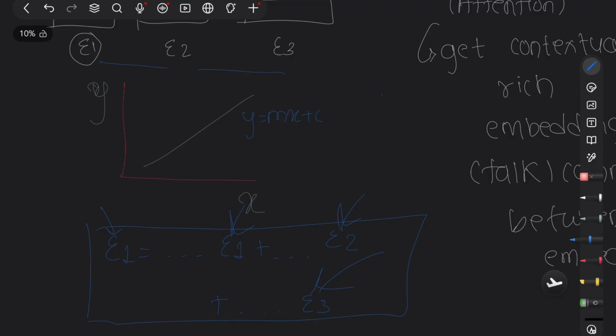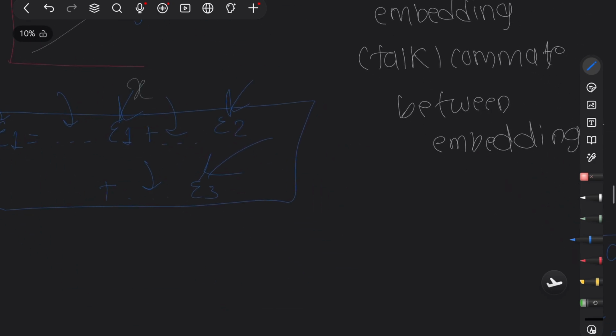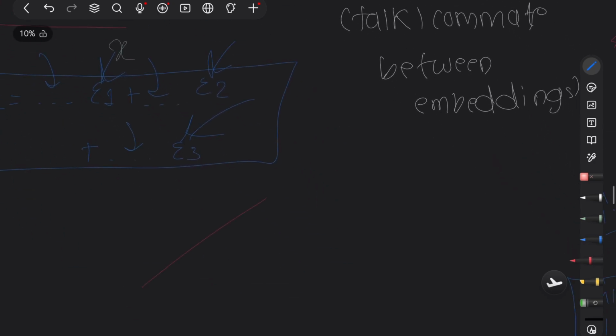Okay, so how can we find the value of these coefficients? Another concept again. Think of these two vectors, a vector and b vector. If the angle between them is theta, how can we find whether these two vectors are similar in context or dissimilar in context?